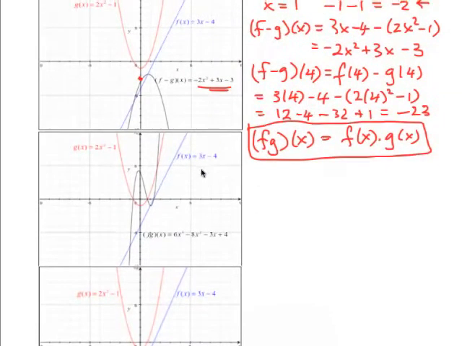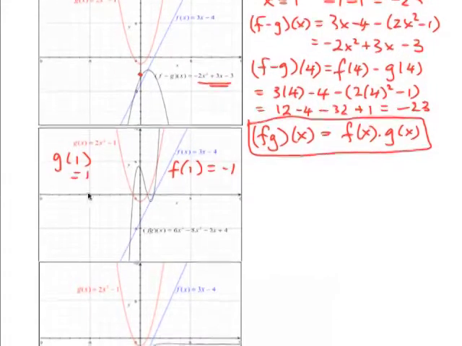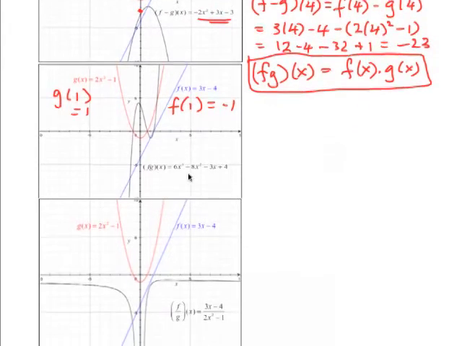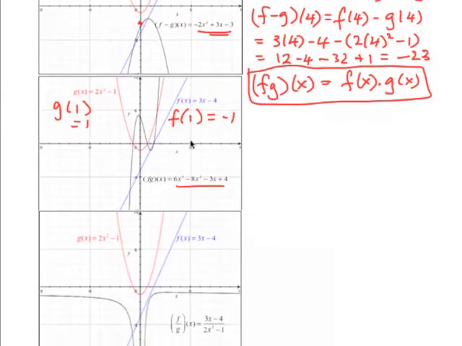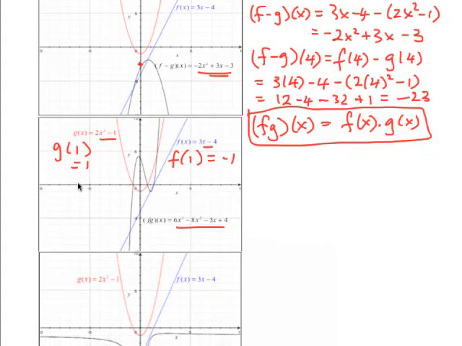So of course, again, when we had f of 1, we had negative 1, and when we had g of 1, we actually had 1, so the product of the two should be negative 1. And when I do the product of the two functions, notice that what I get here is this one multiplied by this one.